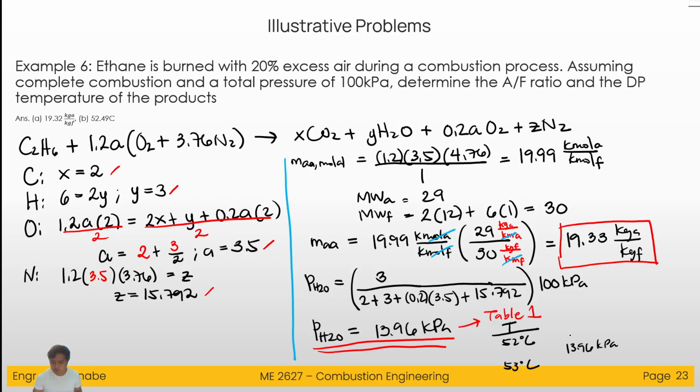For 52 degrees you have 13.62, and for 53 degrees you have 14.309, no? So you have to find this temperature here, which is also the dew point temperature. After doing this, the dew point temperature will be equal to 52.49 degrees Celsius. So this will be your final answer. Okay, so that's it. Thank you guys.